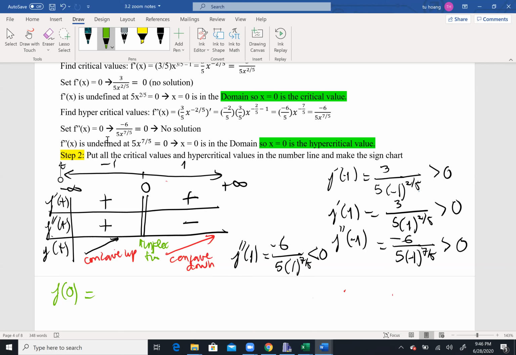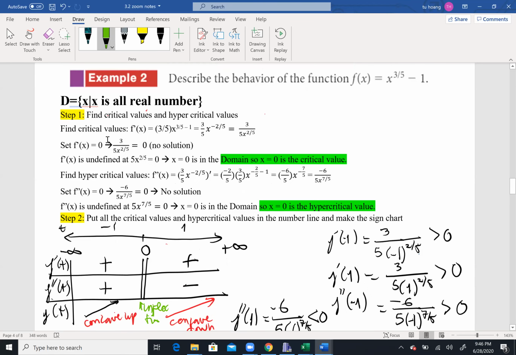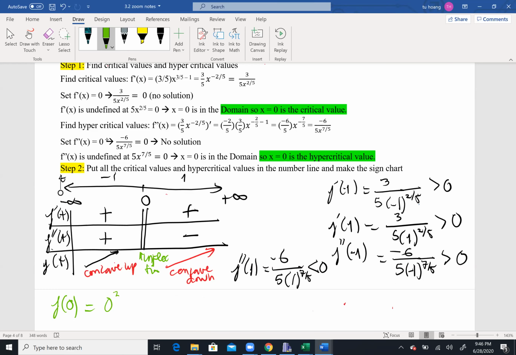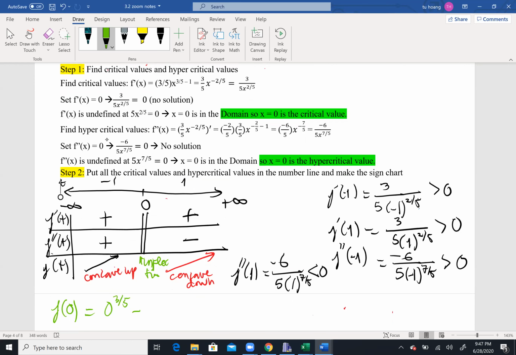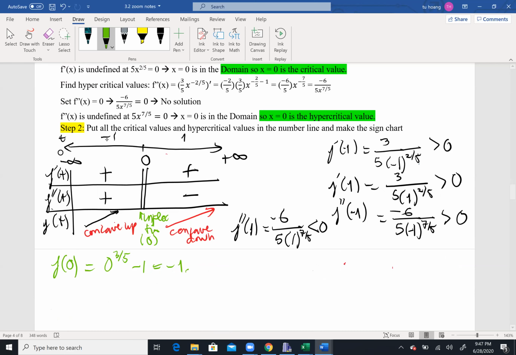So go back to the function, 0 to the power 3/5 minus 1, right? So minus 1 will equal -1. So that should be 0 here, right? So I have the inflection point at 0, 0. Okay? No, 0, -1, sorry.